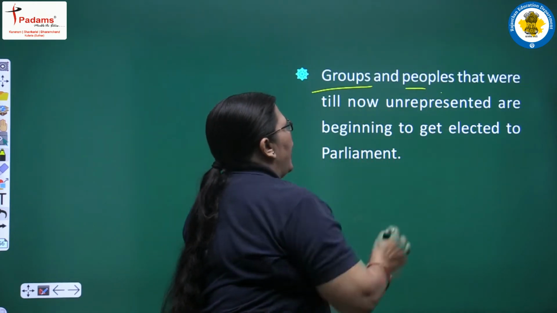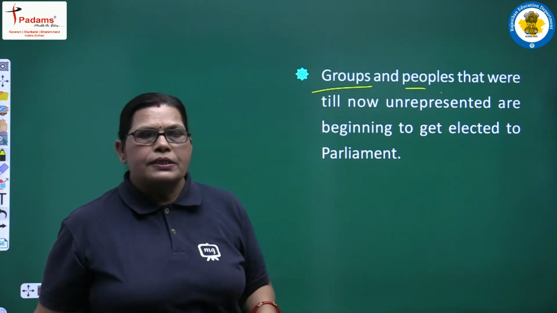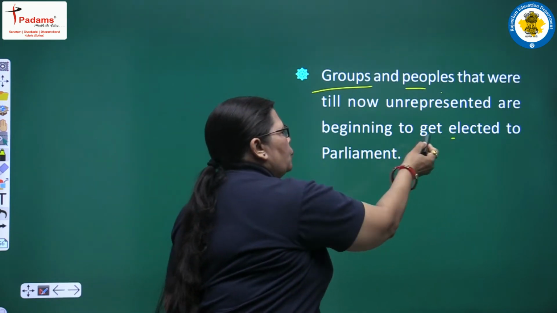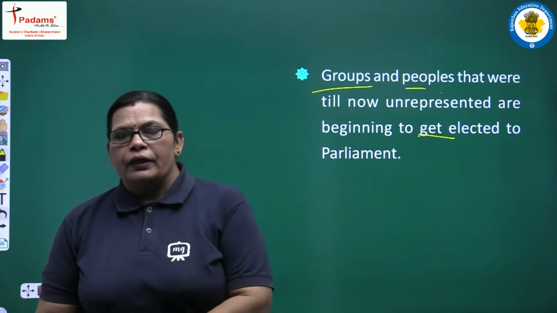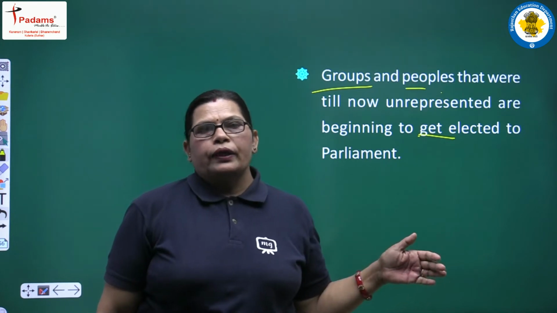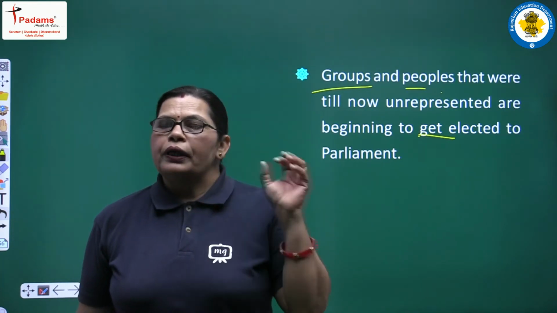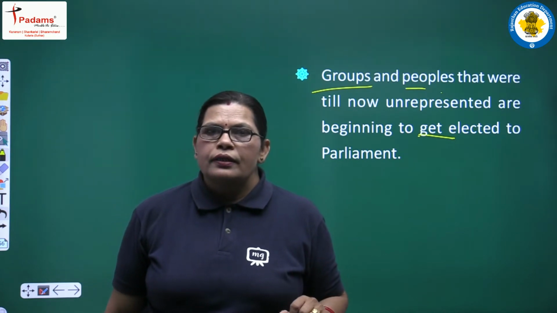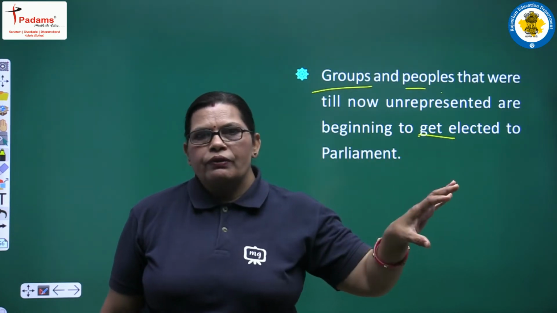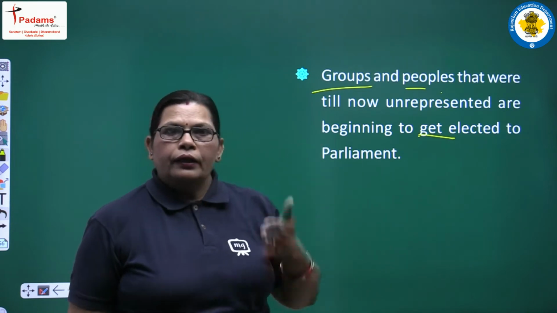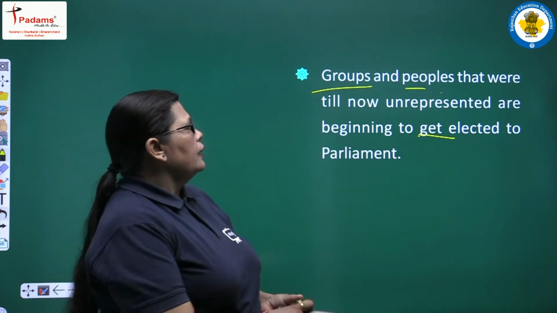Groups and people that were till now unrepresented are beginning to get elected to parliament. See, before this, when we had our British colonial rule, at that time what happened, students? At that time only one side's favor was there, but what happened in free India, in the parliament?